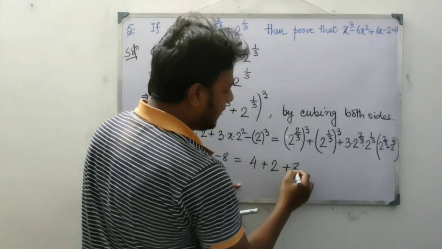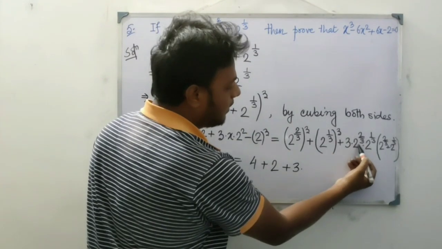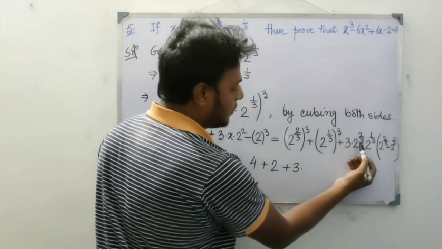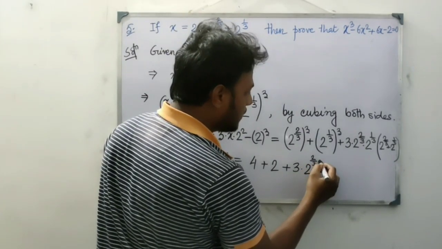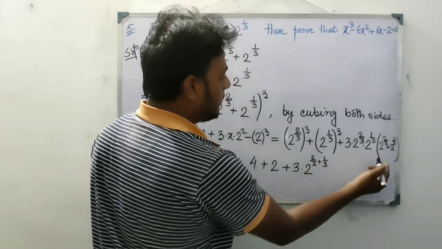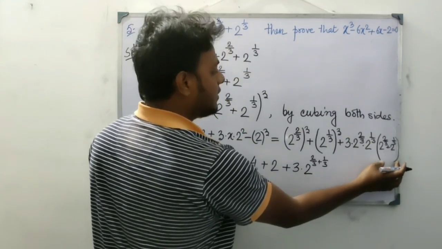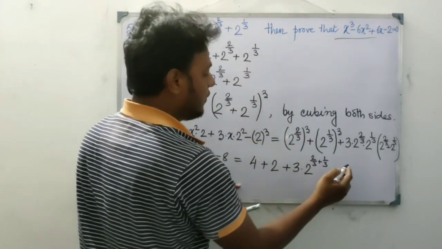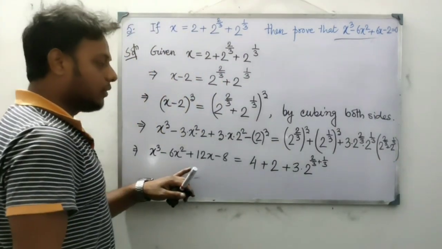Plus 3 into, here the bases are the same, 2 and 2, and they are in multiplicative form, so I can add the powers. If we add the powers, then 2 to the power 2 by 3 plus 1 by 3, into 2 to the power 2 by 3 plus 2 to the power 1 by 3 is there. We have to prove all the terms are in x. If we write here 2 to the power 2 by 3 plus 1 by 3, then we could not prove it.